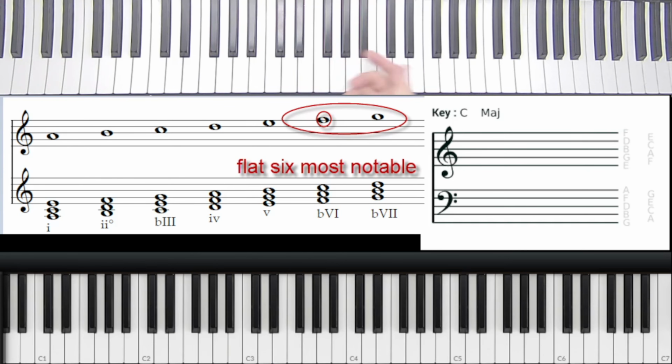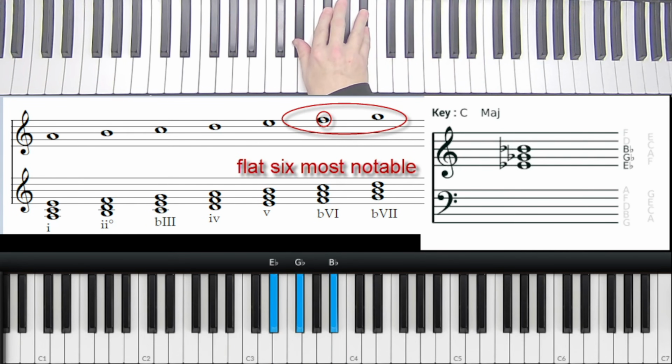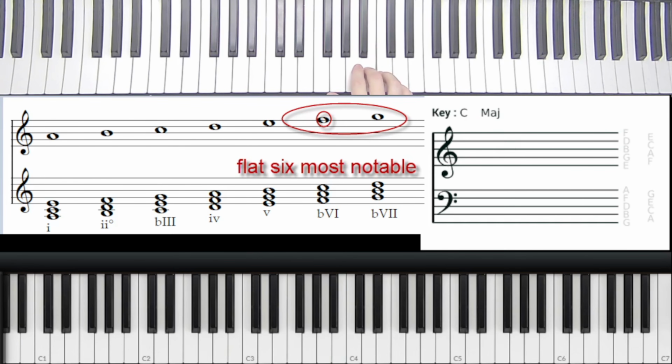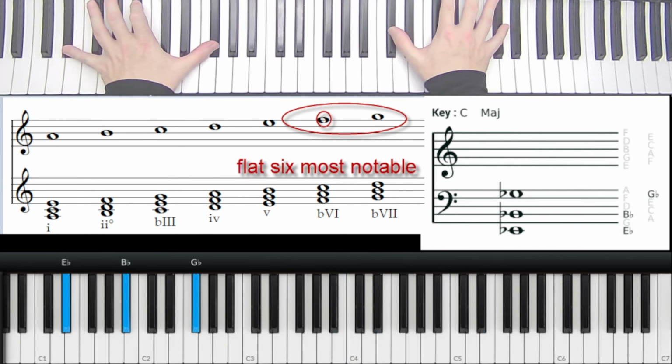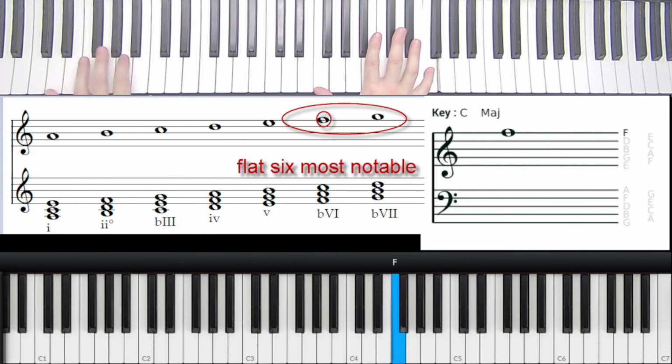So let's do something else that's common. Moving Aeolian and minor scales in general down chromatically like this. Simply E, E flat, D, and use Aeolian each time. So E flat Aeolian, D Aeolian.